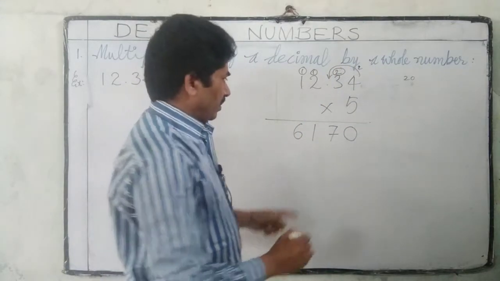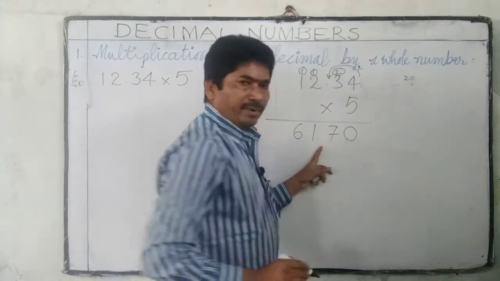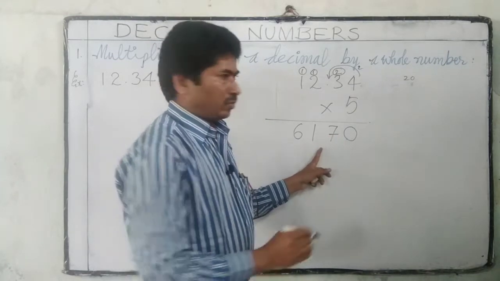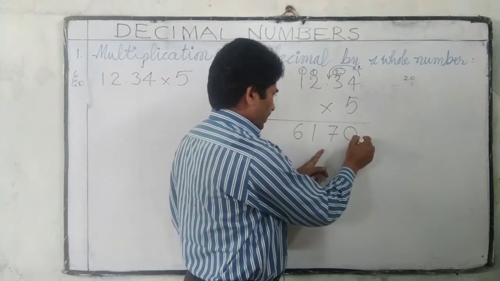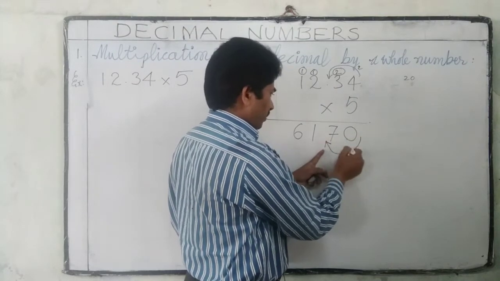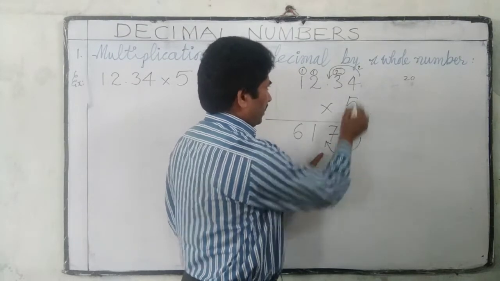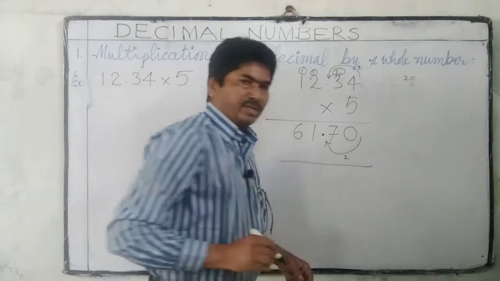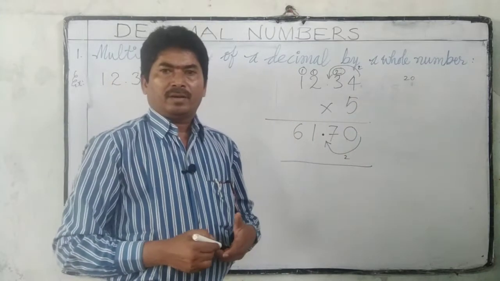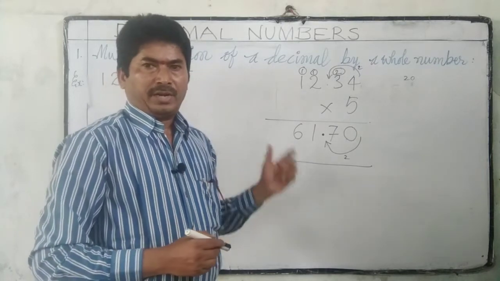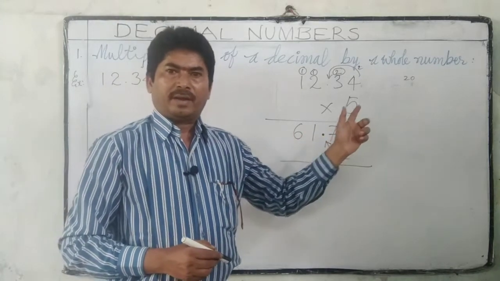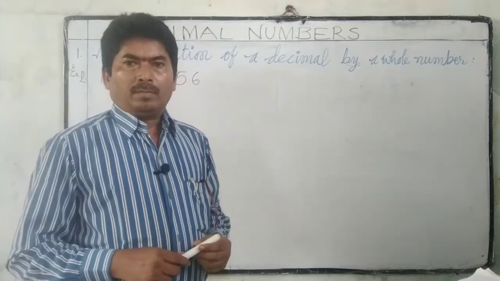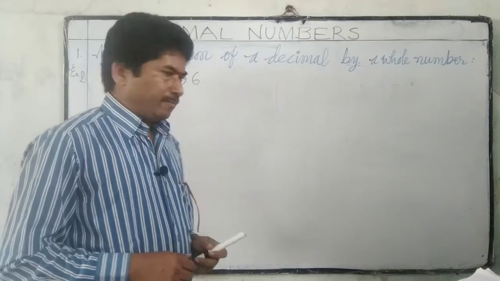Then in the product also we show those many decimal places from right to left. So this is the method of finding multiplication of a decimal by a whole number.